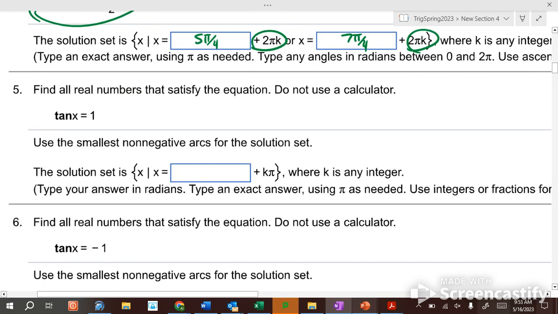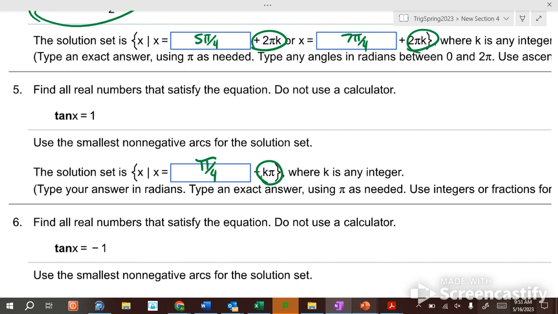Where's the tangent equal to positive 1? At 45 degrees, which is pi over 4. And then see how this one says k pi instead of 2k pi. It's just k pi. Why? With tangent? Because every 180 degrees, it's equal to the same thing with tangent.